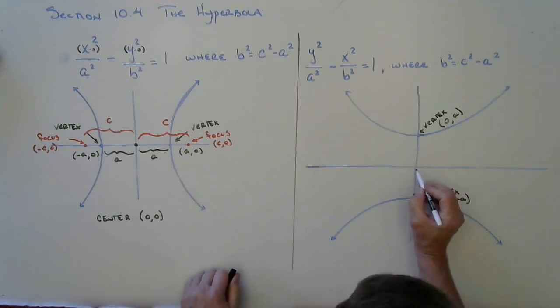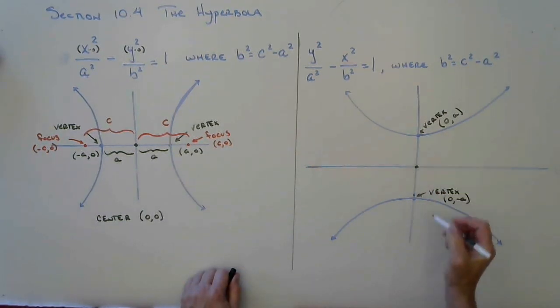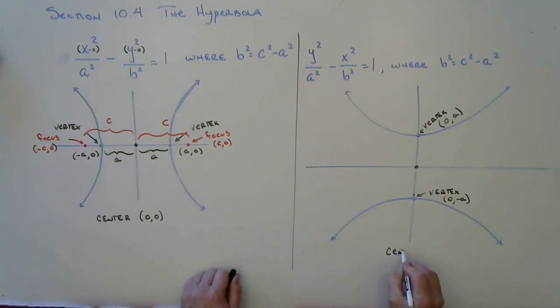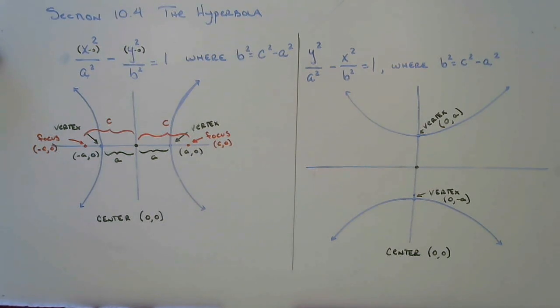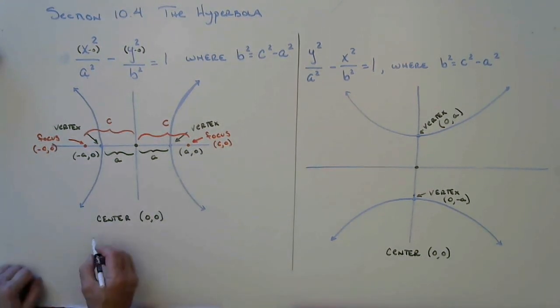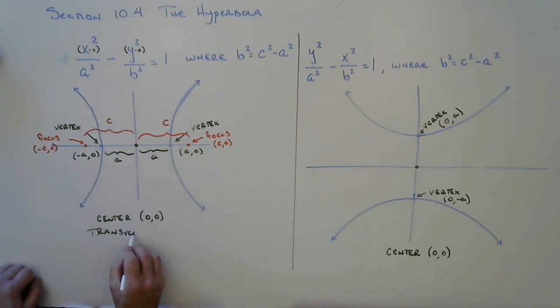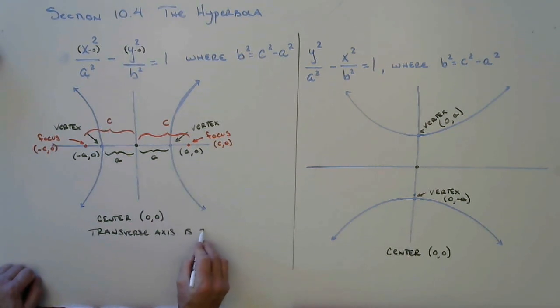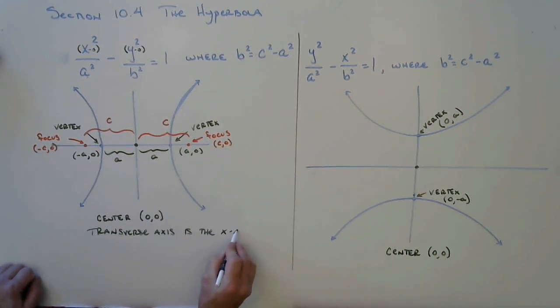Now where is the center? The center is the midpoint between the two vertices. So over here our center is still 0, 0. We should add to our notes over here that the transverse axis is the x-axis.